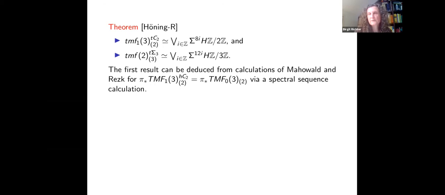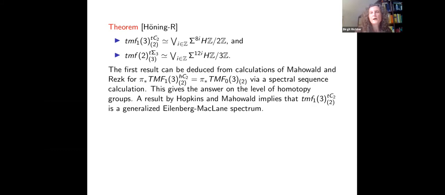With a little bit of help from other people, there's an explanation in a paper by Hill and Meyer that says where the connective things are. Then you see that on homotopy groups, you just get a bunch of Z mod 2s. And we know that these are actually E-infinity ring spectra; E2 would suffice. Then there's an old theorem by Hopkins and Mahowald, by now even published by some people, that says this is a generalized Eilenberg-MacLane spectrum because 2 is 0 in pi 0. So you just get this result.